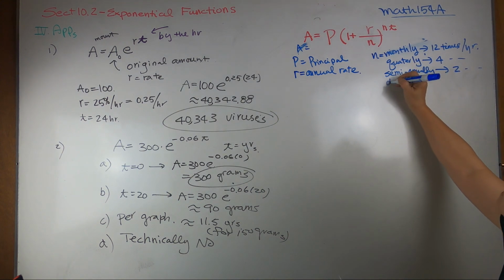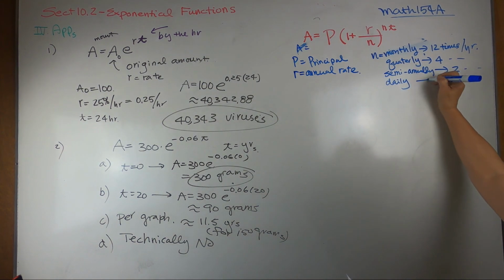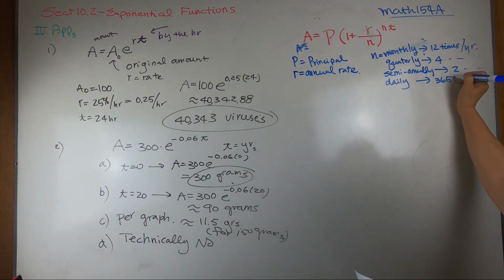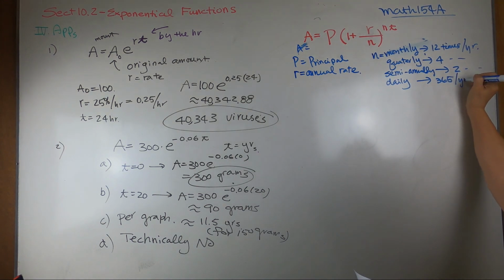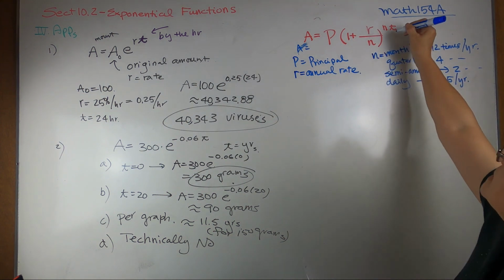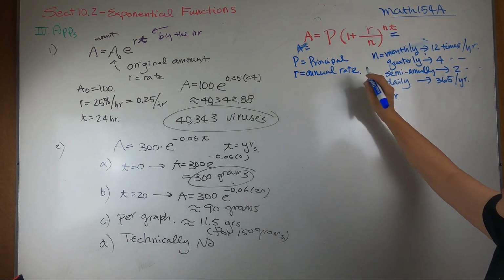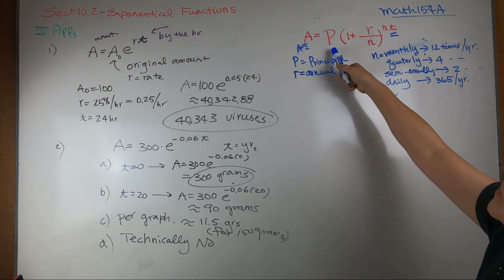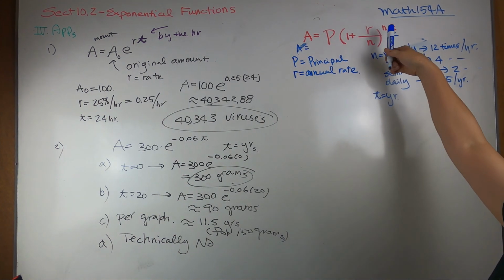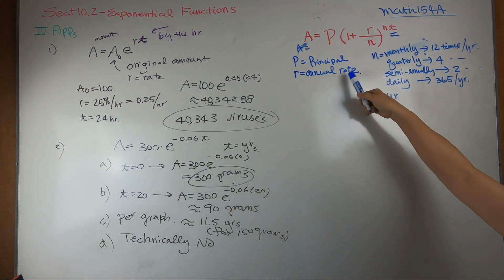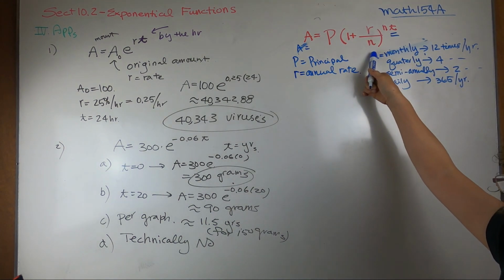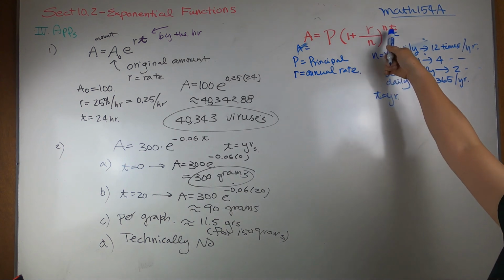If you compound daily, that will be 365 times per year. Then T will be used as years. So this is a function. P will be given, our annual rate will be given, and how many times per year, N, will be given.